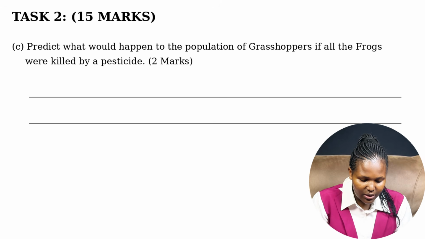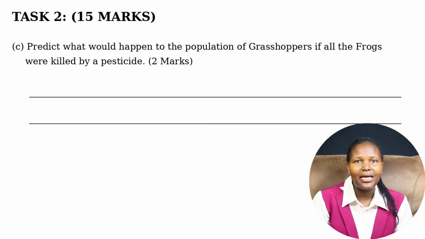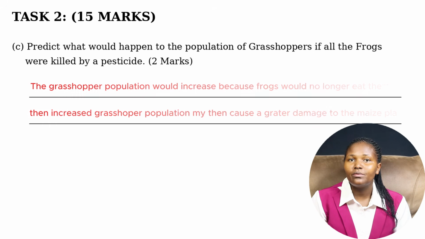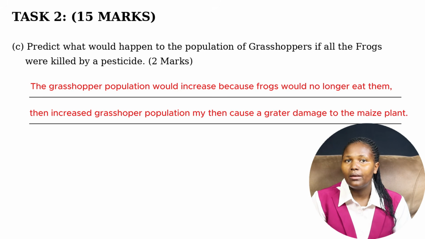And then question C, predict what would happen to the population of grasshoppers if all the frogs were killed by a pesticide. A very interesting question here. The effect of killing all frogs. First of all, the grasshopper population would increase because frogs would no longer eat them. And then the increased grasshopper population may then cause a greater damage to the maize plants.